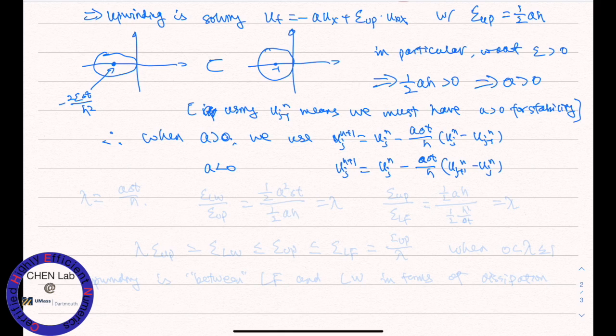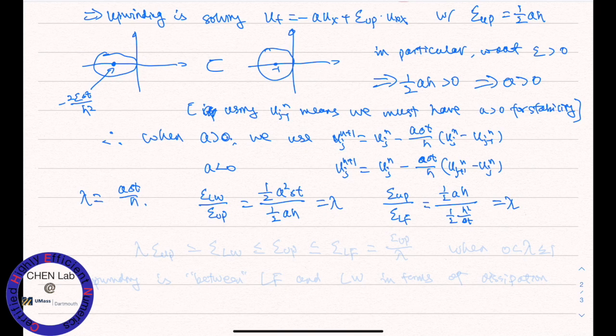Okay. The last remark is about the size of this epsilon. If we define lambda to be a delta t over h, we actually have epsilon Lax-Wendroff divided by epsilon upwinding. Remember, Lax-Wendroff is 1/2 a squared delta t divided by 1/2 a h. That's lambda. Okay, and if we divide epsilon upwinding by epsilon Lax-Friedrichs, if you go back to the notes, you see Lax-Friedrichs is 1/2 h squared over delta t.